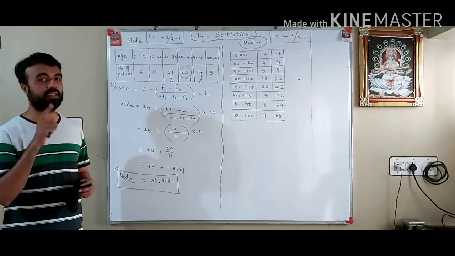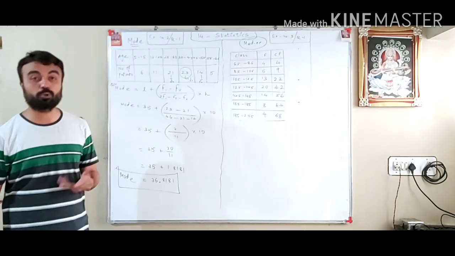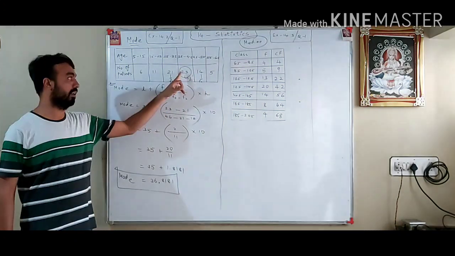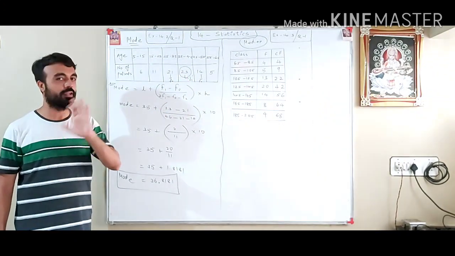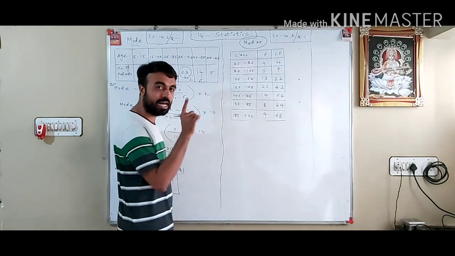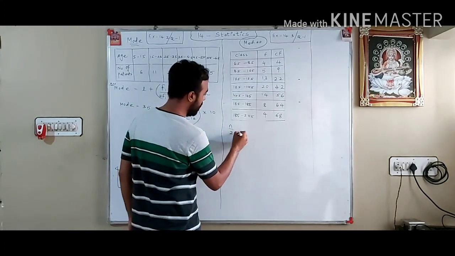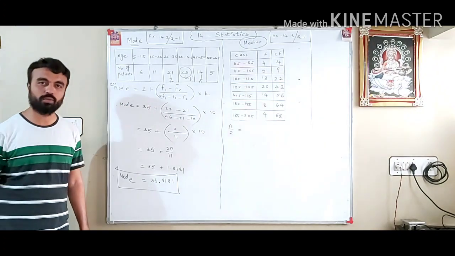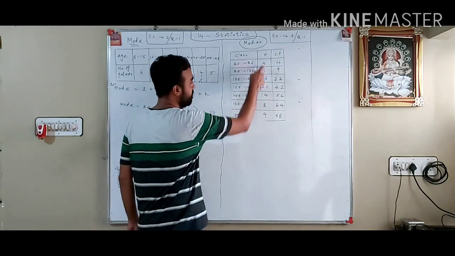Now understand this thing very properly. How to find the median class? It is not as simple. I told you, if the highest frequency is the modal class, but here it is not that simple. What you need to do, you need to write down like this, n by 2. First of all, you need to write down n by 2. Now what is n? Total of this frequency.